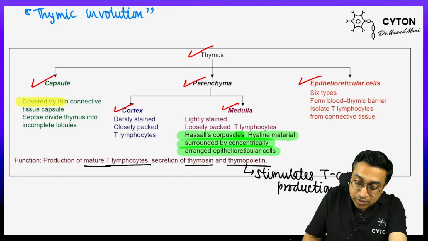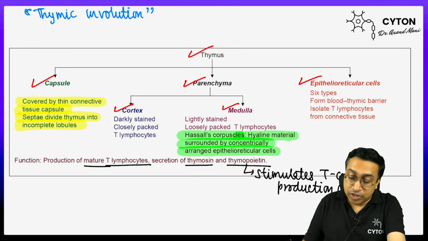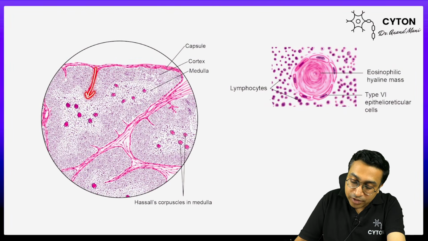There is a thin connective tissue capsule, and it sends off septae which divide the thymus into incomplete lobules. Let me show you this photo, you will understand better. You can see this capsule sending further trabeculae.